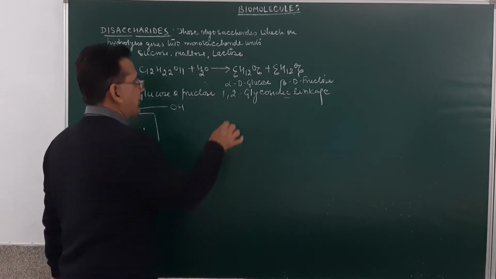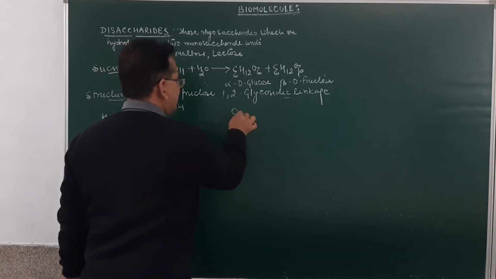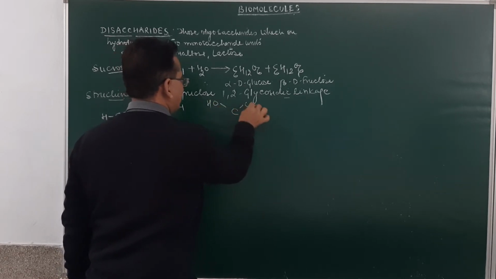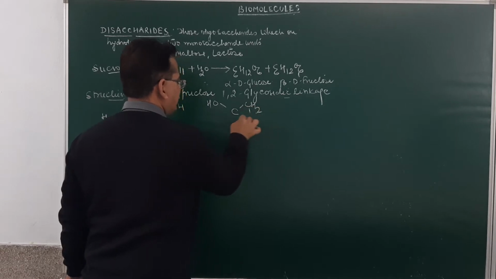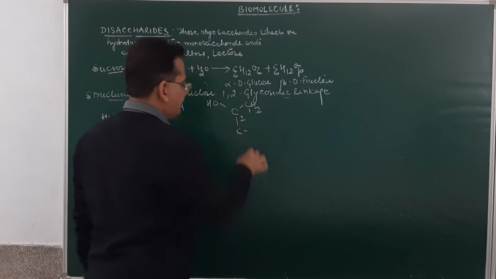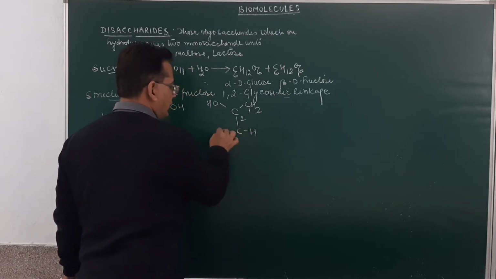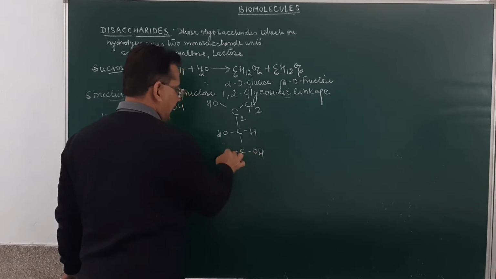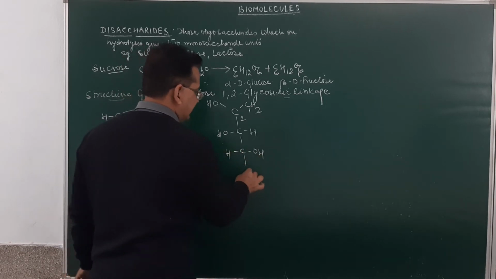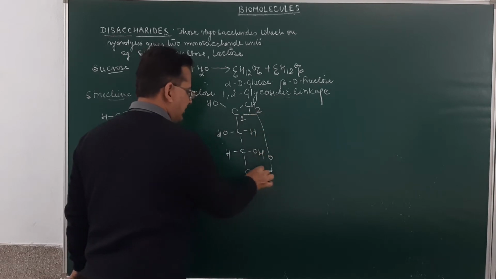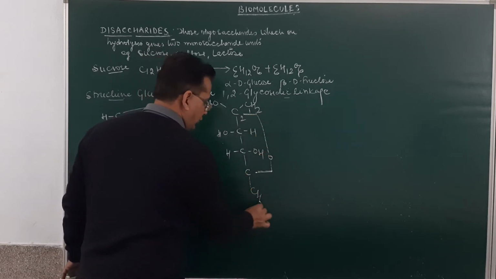Now if I draw the fructose molecule, this will be C, double bond O, OH, and this will be CH2OH. This is carbon 1, this is 2. Then C, and over here we have H; this will be OH; and then C, OH, H; and then C. This will be joined with each other, carbon number 2 and carbon number 5, and then CH2OH.